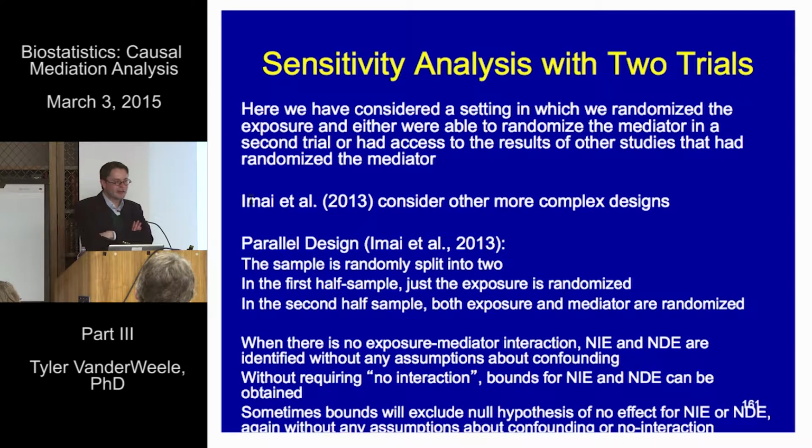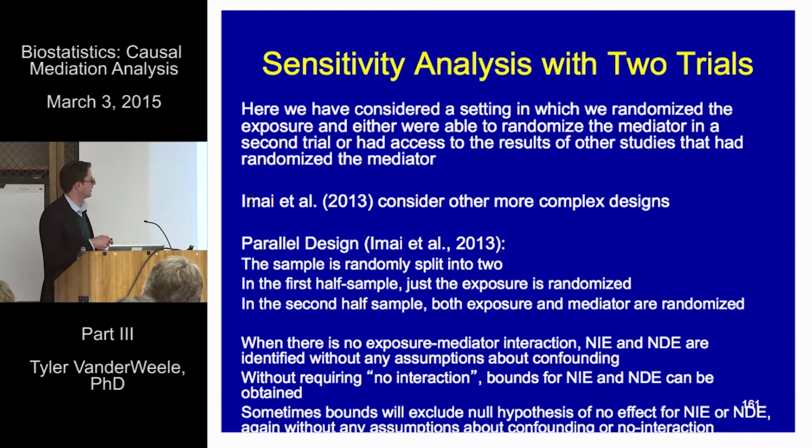In the setting where we can actually randomize in the same trial both the exposure and the mediator, we can come up with some very powerful designs that allow us to draw inferences about direct and indirect effects with no assumptions whatsoever. And this is what's sometimes called a parallel design, described in detail by a paper by Kosuke.